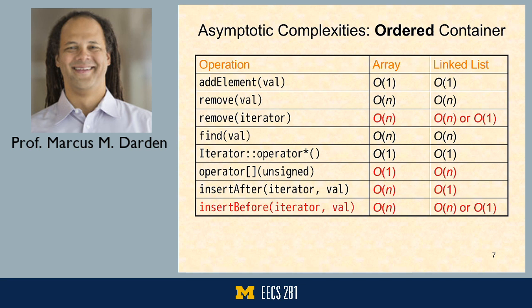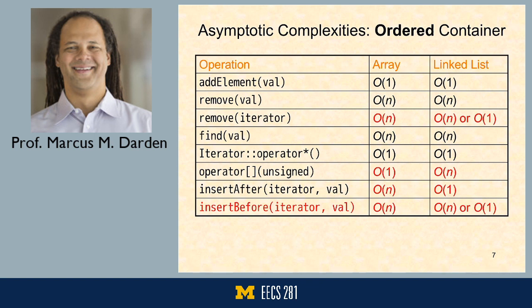In a singly linked list, if I'm pointing at an object and I say I would like for you to remove this object, well, the pointer manipulation that has to happen is, I need to tell the object previous to that to point after the object that's being removed. So with a singly linked list, I've only got one pointer and I can't jump back. So the linear amount of time to find the previous object is why that sometimes is going to take a big O of n, or other times it could be constant time.